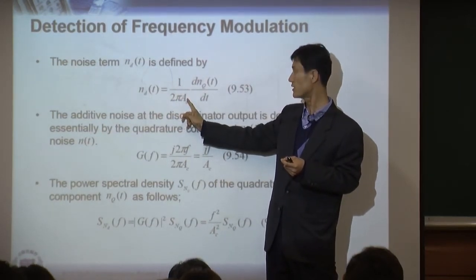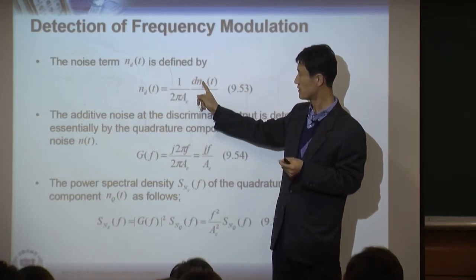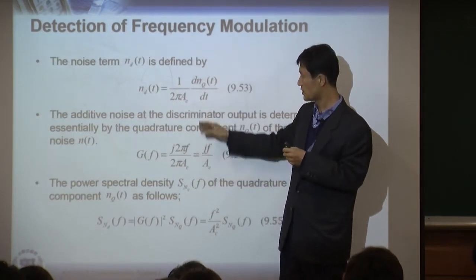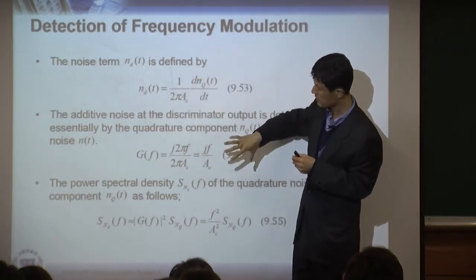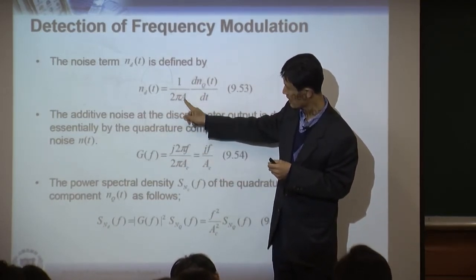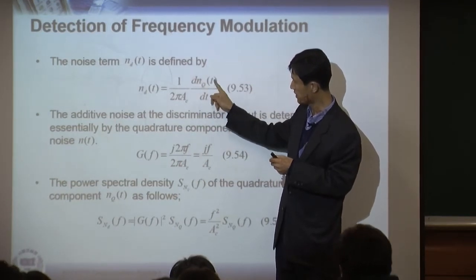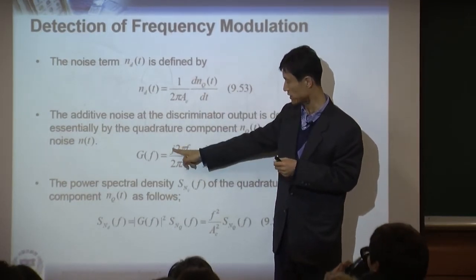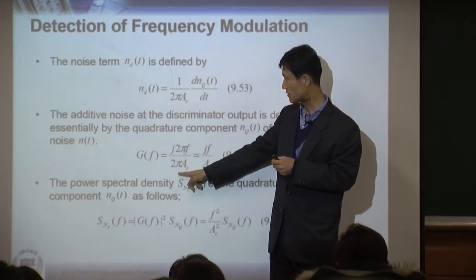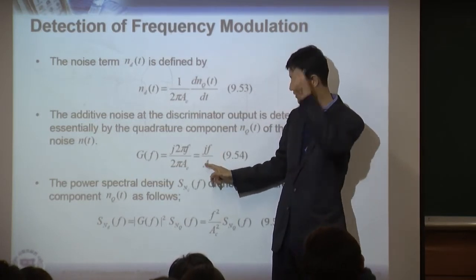So changing these things into the frequency domain, 1 over 2π AC is still there, and the time derivative is the same as multiplying by j2πf. So the 2π cancels out, and this basically changes to jf divided by AC.